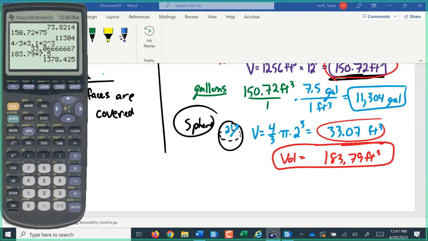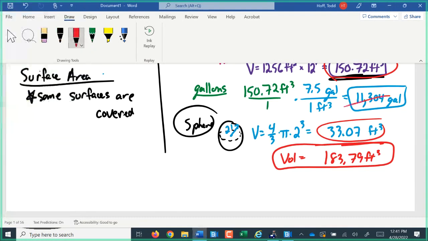Giving us 1378.443. Is really our full gallons. Any questions on the volume?